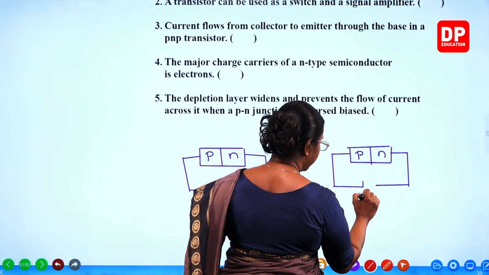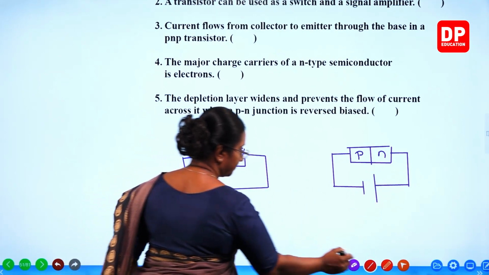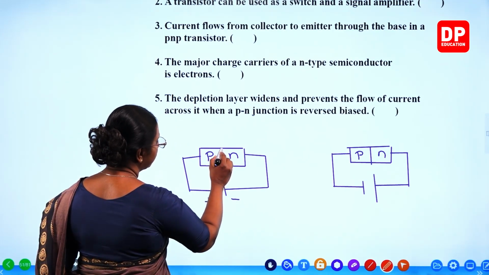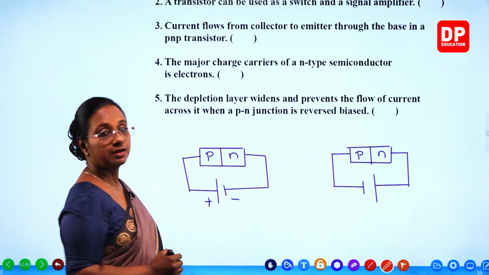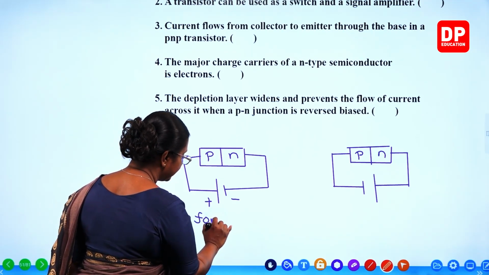Now if we connect it like that and this. So here positive, negative. Now this of course will decrease the depletion layer. So this is going to be forward biased.